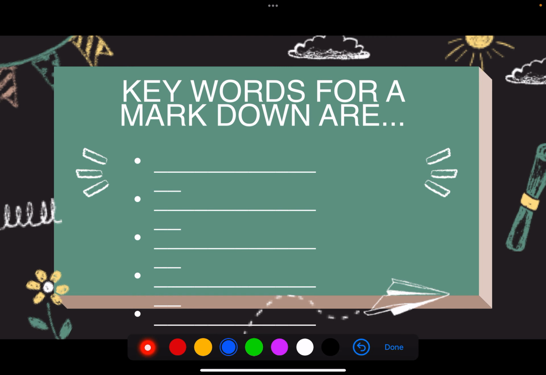Okay, so what are some keywords for markdown? We said some of the keywords for markdown were sale price, percent decrease, reduce, percent off, right?